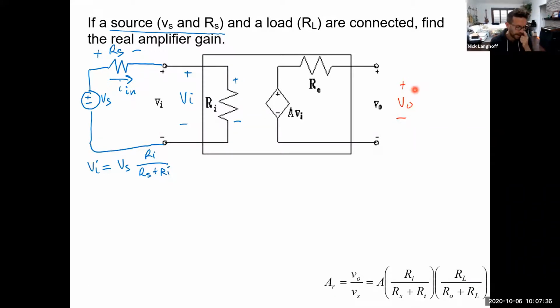Now, V out would normally be the open circuit voltage, equal to A times VI, where VI is this piece right here. But it's not going to be open circuit, because if we're using it as an amplifier, we probably want to connect it to some device. We want to transfer energy to something.